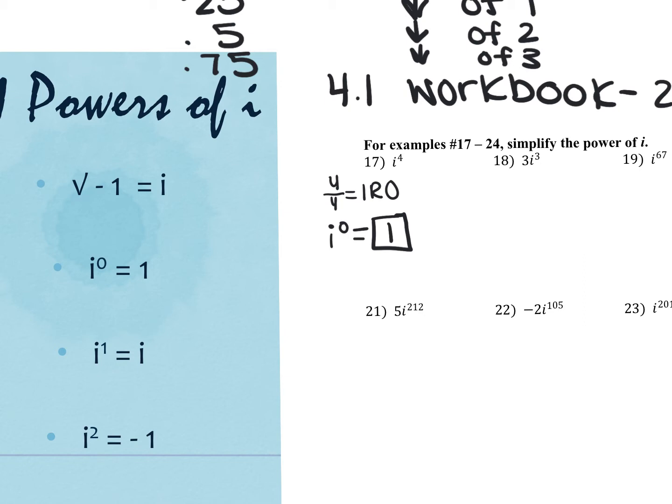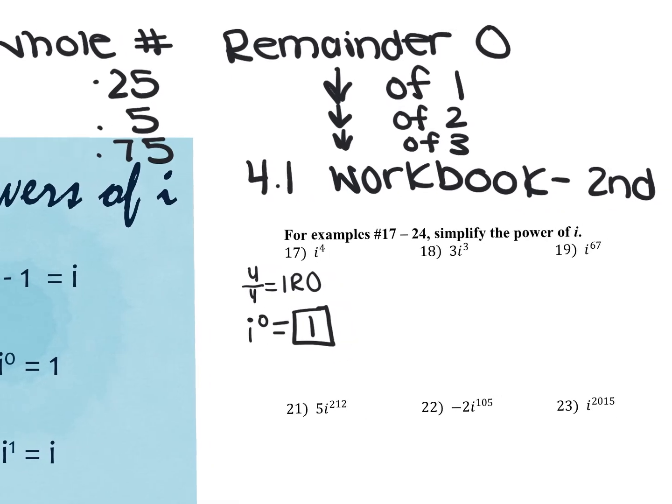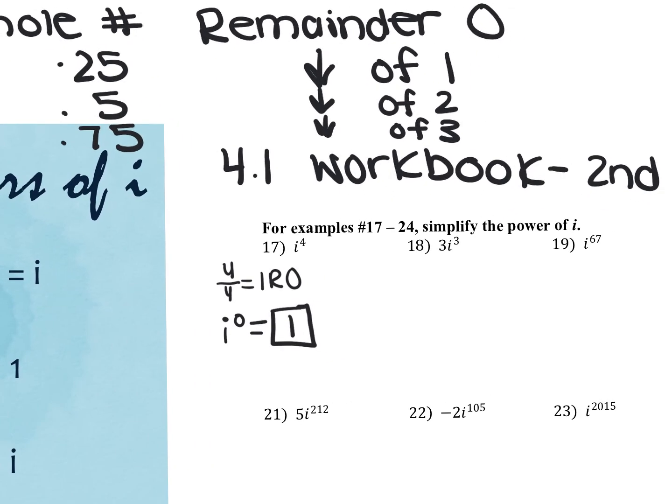Okay, they get a tiny bit more difficult when you have a number in front, but just like when we're simplifying radicals, we take that number in front out and we worry about it at the end. So I'm going to take this 3 out, and right now I'm going to simplify I to the 3rd. If I put 3 over 4, it is 0.75. That means that it goes in 0 times with a remainder of 3.